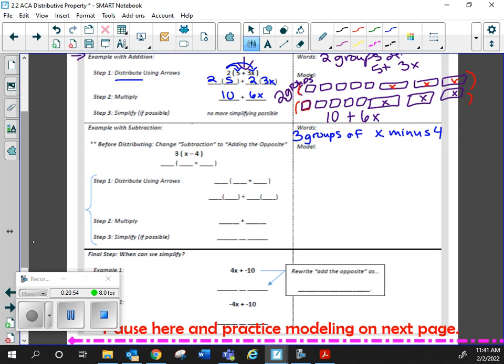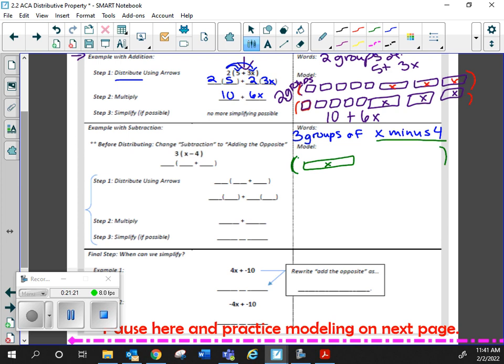Okay, let's start with one group of X minus 4. How many rectangles do I need? One. X minus 4, I need 1x, and then minus 4. With subtraction, someone already said it, another way of saying minus 4 is that I could rewrite it as plus negative 4.